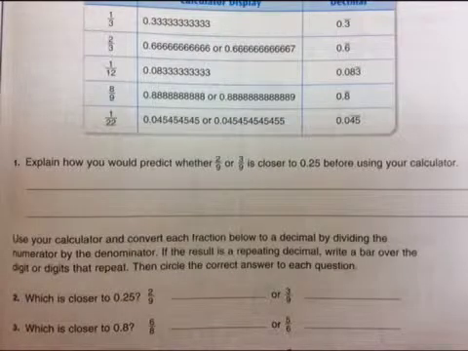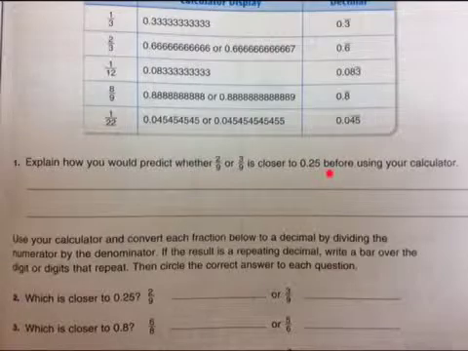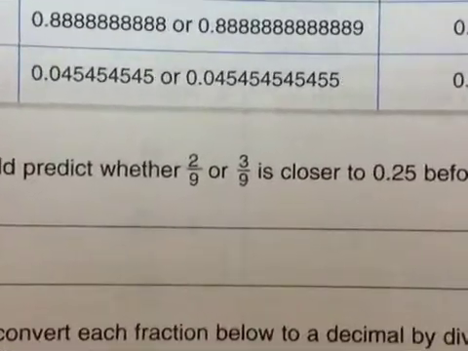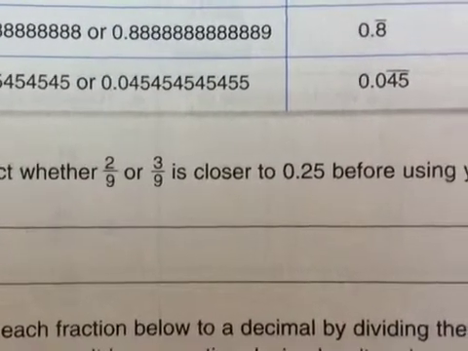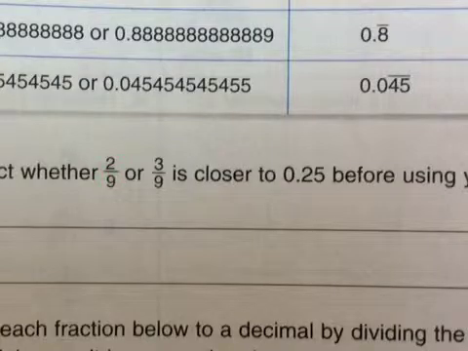Number 1. Explain how you would predict whether 2/9 or 3/9 is closer to 0.25 before using your calculator. Well, we've learned in class, boys and girls, that any number with a denominator of 9 will be the numerator with the bar notation in the tenths place.